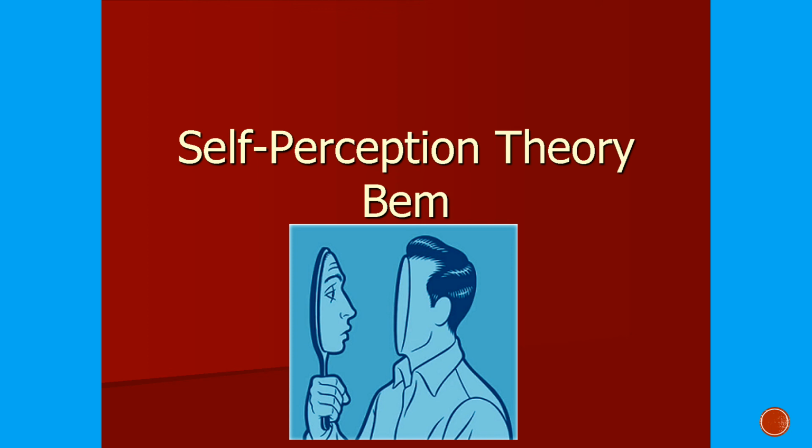There have been people who have tried to explain the results of cognitive dissonance studies in a different way. And the most popular of these has been self-perception theory, proposed by Daryl Bem. According to Bem, Festinger's theory was unnecessarily complicated.